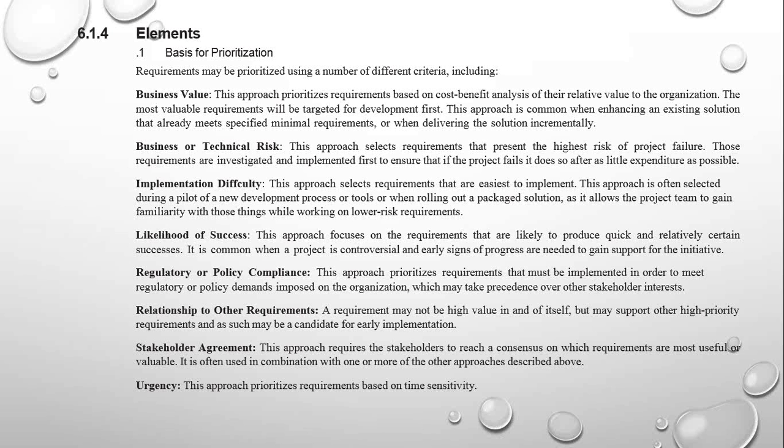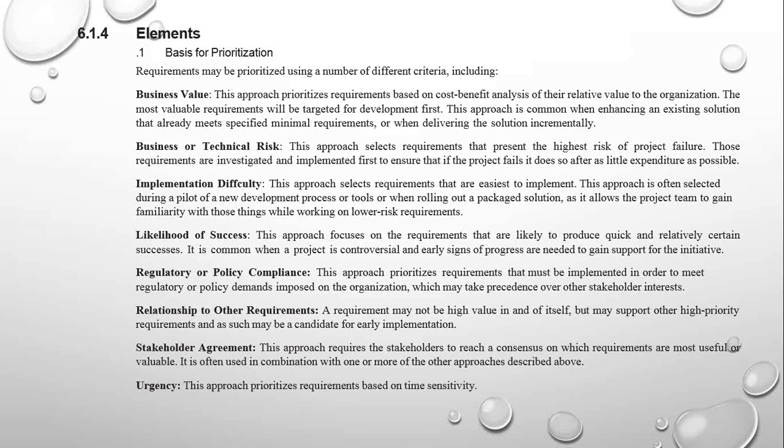Moving on to elements. What are the elements involved? Number one, basis of prioritization. We have several bases for prioritization. There are multiple criteria: business value, business or technical risk, any difficulty in terms of implementation, likelihood of success.